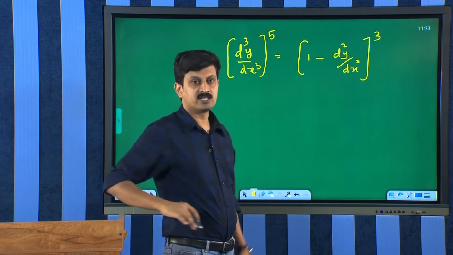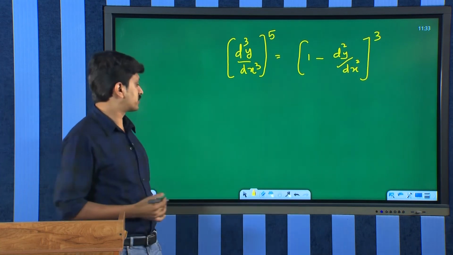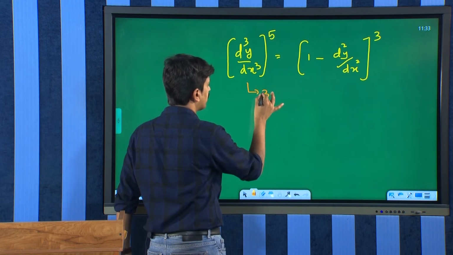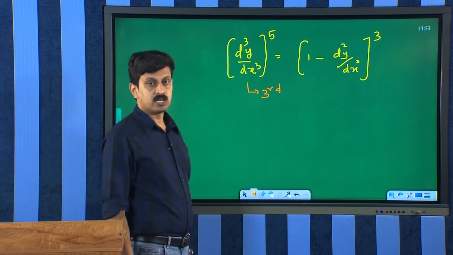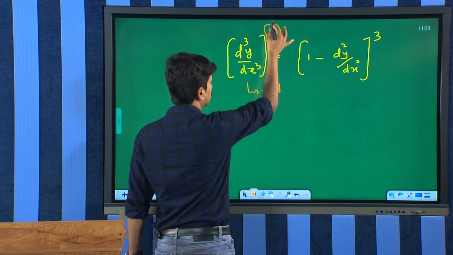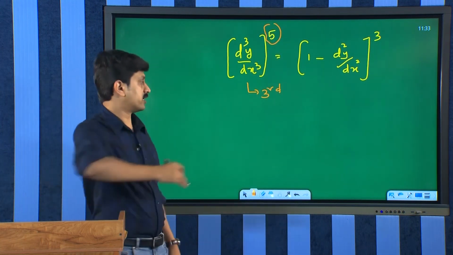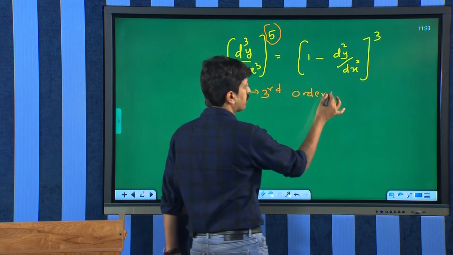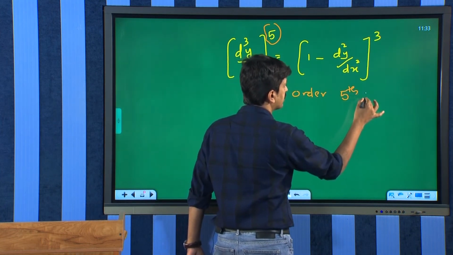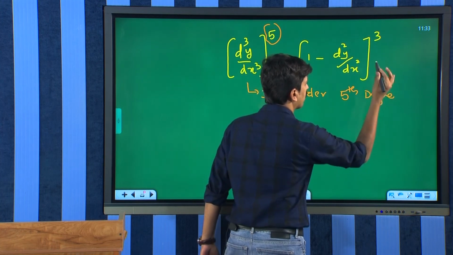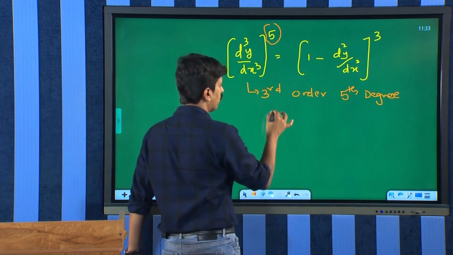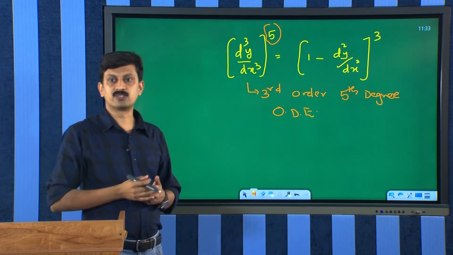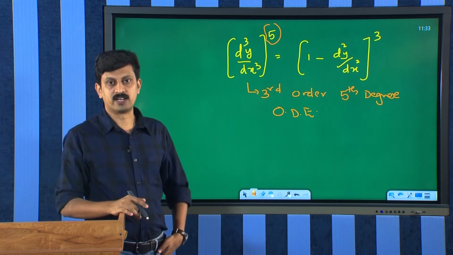So, checking this differential equation, the highest order derivative is the third order derivative, whose maximum power is 5. So this is a third order, fifth degree ordinary differential equation. Therefore, the order is equal to 3 and the degree is equal to 5.